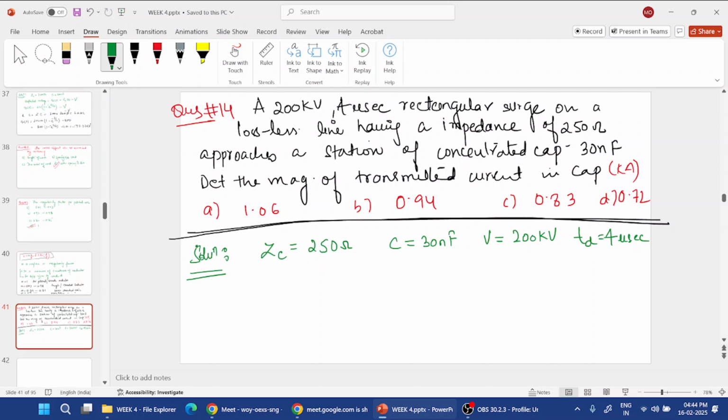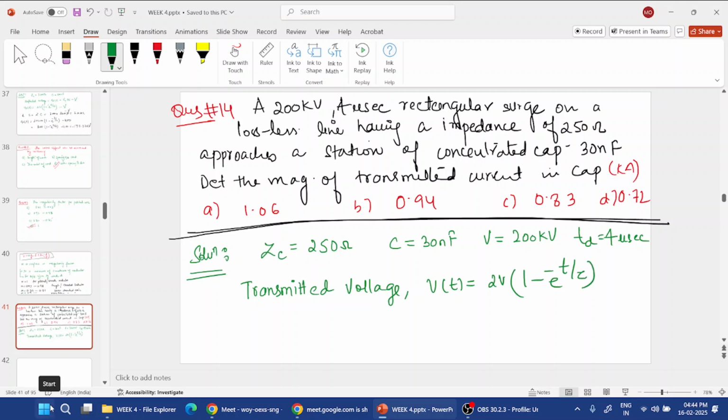We have to calculate the transmitted wave. First, the transmitted voltage will be Vt equal to 2V(1 - e^(-t/tau)).